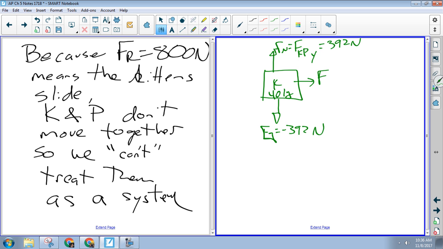So here is the force on the kittens from the peanuts in the x direction. It's equal to the force of kinetic friction, which is our coefficient of kinetic friction times our normal force. What was our coefficient of friction again? 0.3. So 0.3 times 392 gives you 117.6.